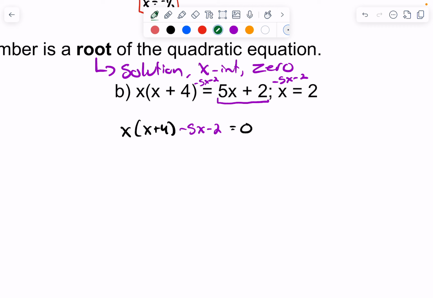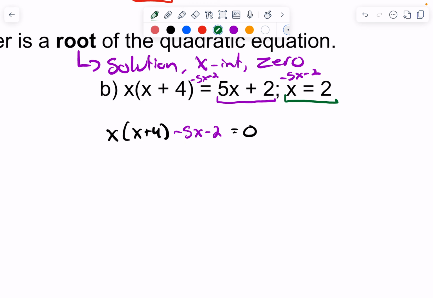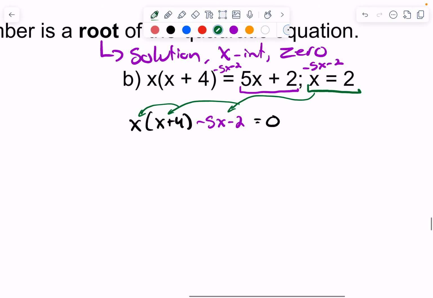So now check if x equals 2 is a factor or a root. So plug it in for this x, and this x again. So you get 2 plus 4, and then minus 5 times 2, minus 2. Okay, I'm just going to write it all in one color now.